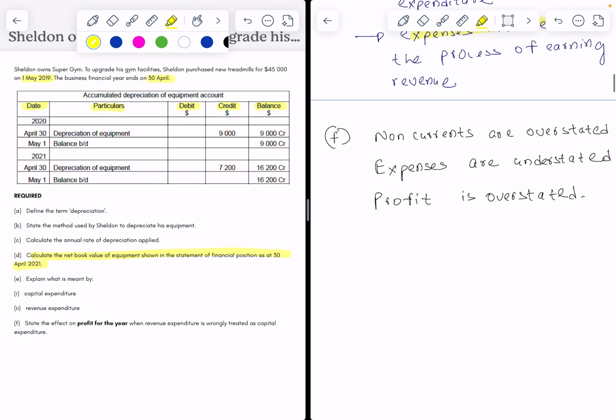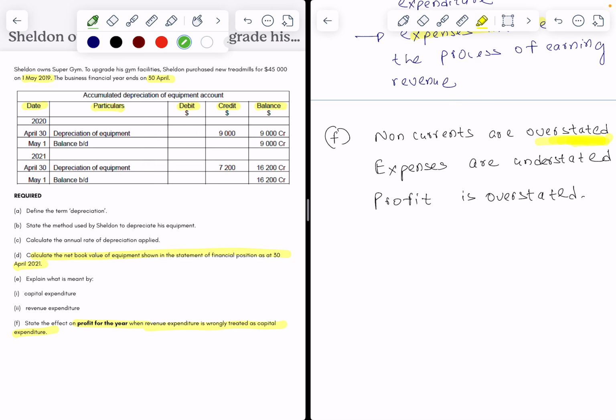What about Part F? State the effect on the profit for the year when revenue expenditure is wrongly treated as capital expenditure. So as we understand, revenue expenditure is simply expenses. Capital expenditure is simply increasing the value of your assets, right? So if we make a mistake by not correctly classifying the expenditures, what we are doing is that non-current assets will be overstated because obviously we have treated revenue expenditure as capital expenditure, like we are thinking that the asset value is going up.